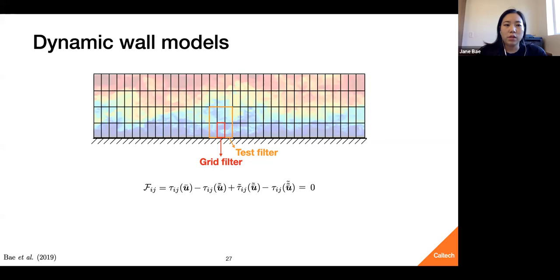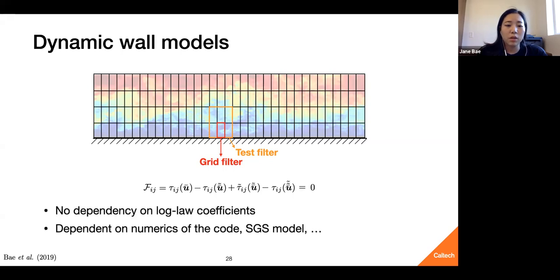Now there's a different type of wall model called the dynamic wall model, which I worked on during my PhD years, where instead of assuming knowledge about these constants kappa and b, we use the information from the LES field itself. So we have the LES velocity field and then a test filtered velocity field, and we compare that to obtain a wall shear stress.